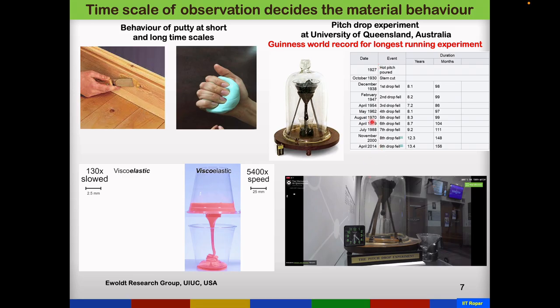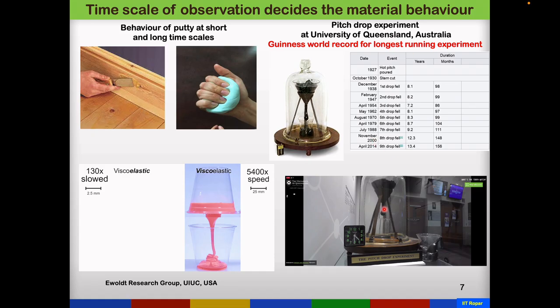So if your time scale of observation is this, over almost 100 years, then the pitch, which looks like a solid to us unless you heat it up and make it liquid, behaves like a fluid. This experiment is still going on at the University of Queensland.